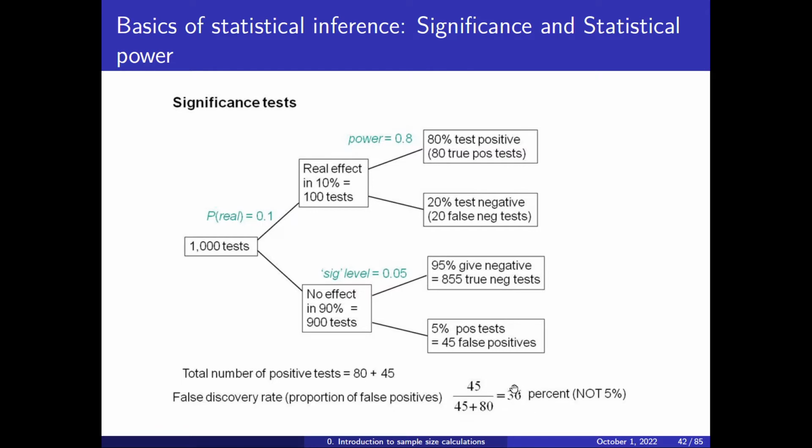So the probability of being incorrect, given that you have a positive result, is not 5%, it is much larger. This is what the Bonferroni correction is trying to decrease. We are trying to decrease this 45 by making the 5% smaller.